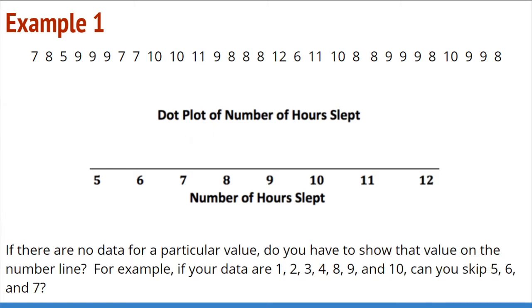Now, if we have no data for a particular value, do we have to show that value on the number line? For example, if our data is 1, 2, 3, 4, 8, 9, and 10, can I just leave off the 5, 6, and 7?